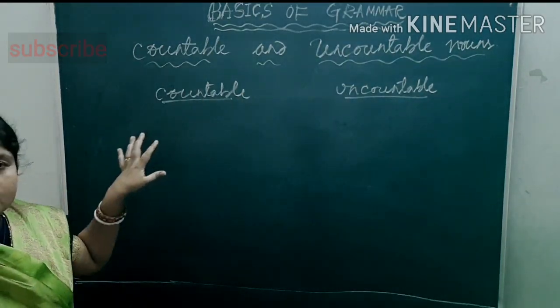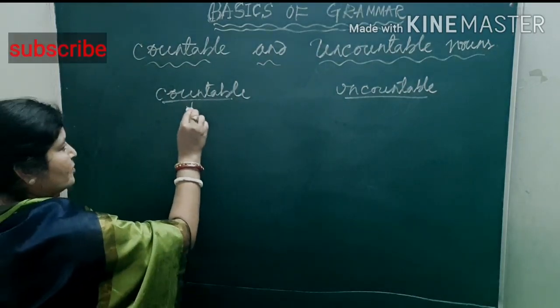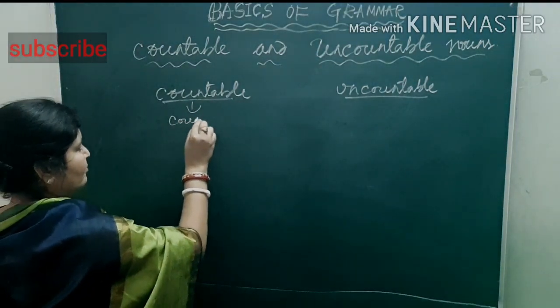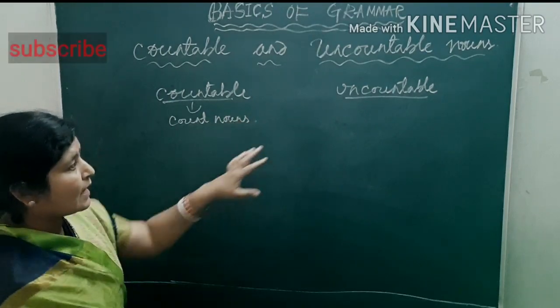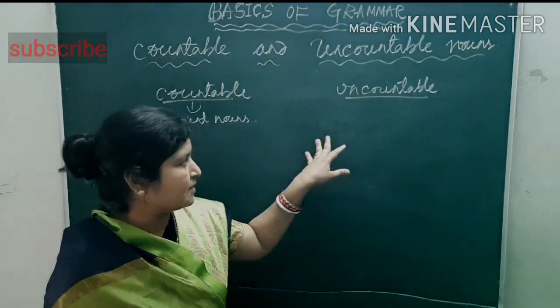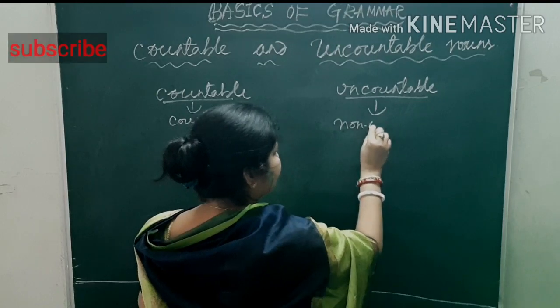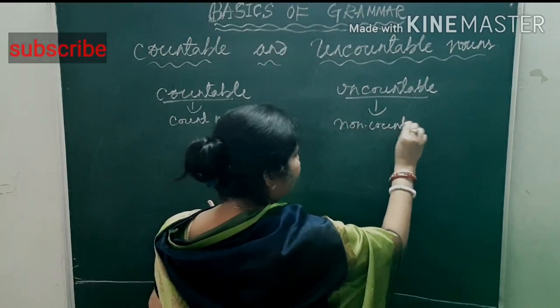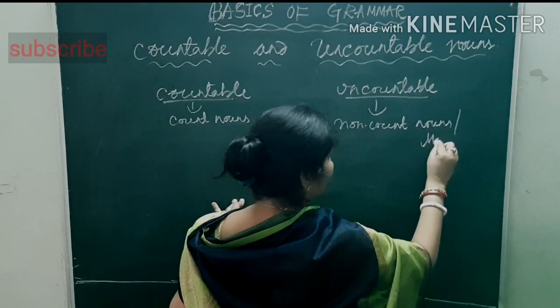Countable nouns are those nouns which can be counted, also known as count nouns. Uncountable nouns are those nouns which cannot be counted, known as non-count nouns or mass nouns.